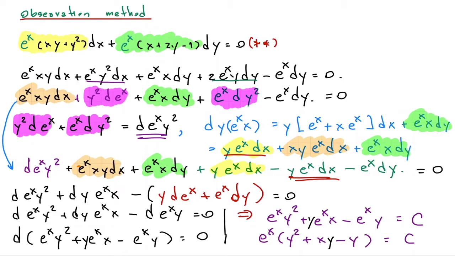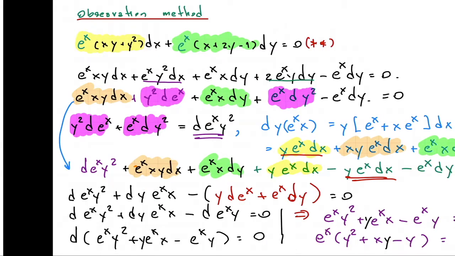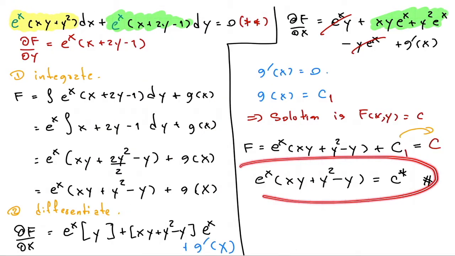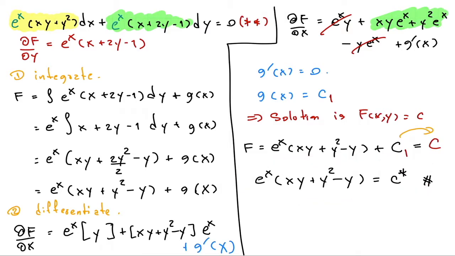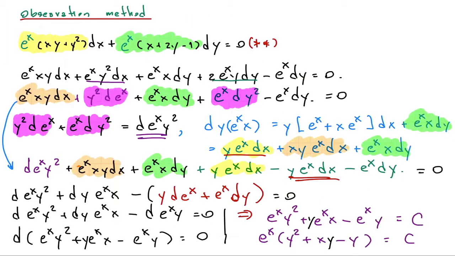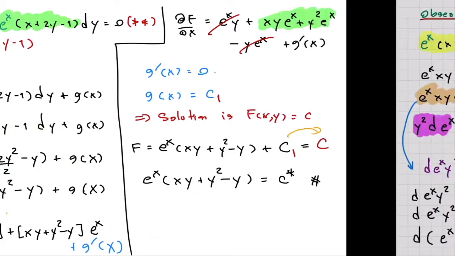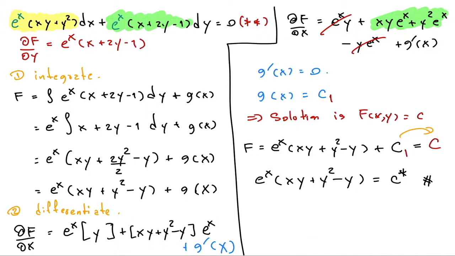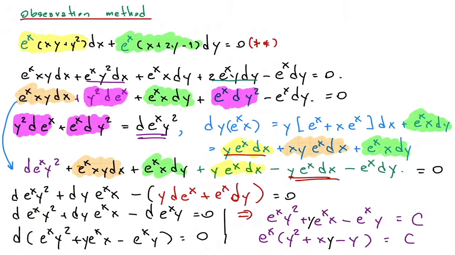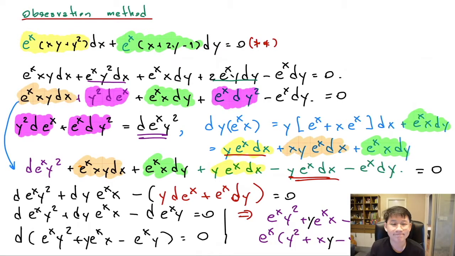So if you look here and you compare it with the one we got in the previous page, they are exactly the same. See? They are exactly the same. So it's up to you if you want to use the observation method, but I wouldn't recommend it. Okay, but if you want to, it's your choice.